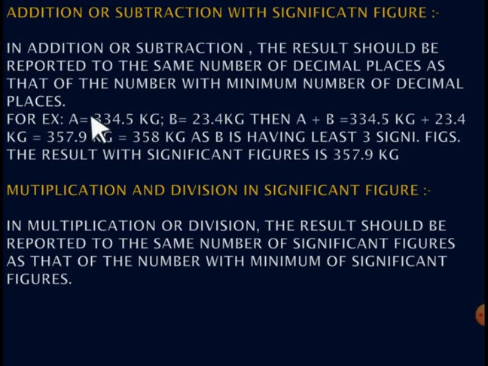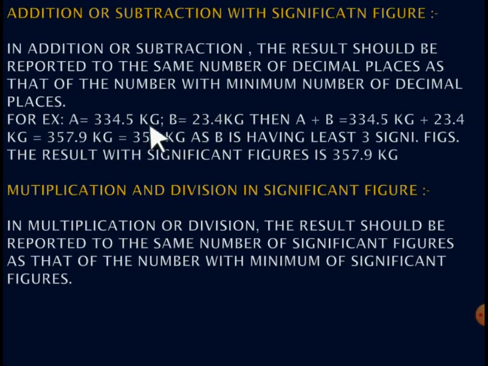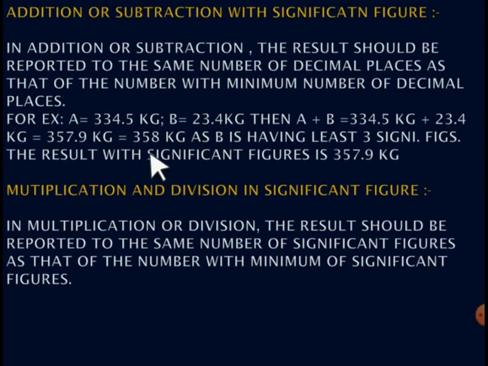The minimum of these two is 3, so you need to express the sum with only three significant figures. So you need not express this 9; you need to do rounding off. As this 9 is more than 5, you add 1 here, so that it will be 358.